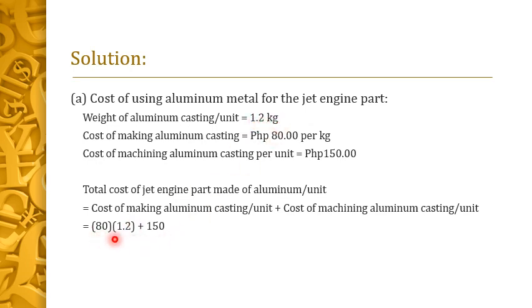You will notice that here, the kilogram will be cancelled. Plus 150, which is the cost of machining aluminum casting per unit. Using your calculators, you should get the sum of 246 pesos as the total cost of jet engine part made of aluminum per unit.